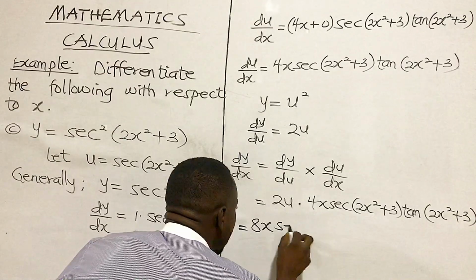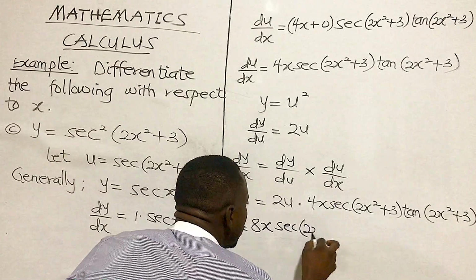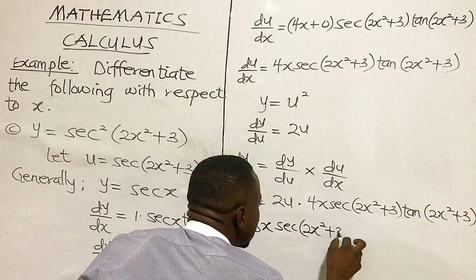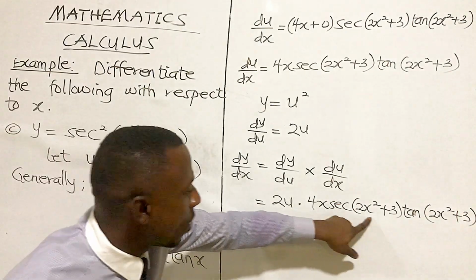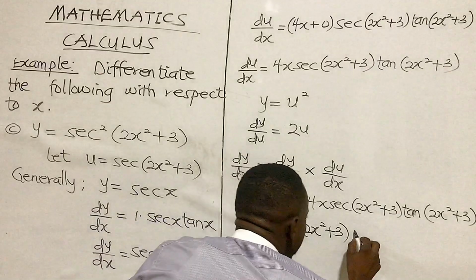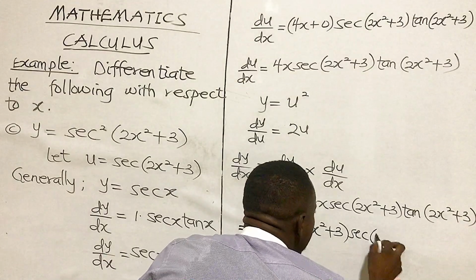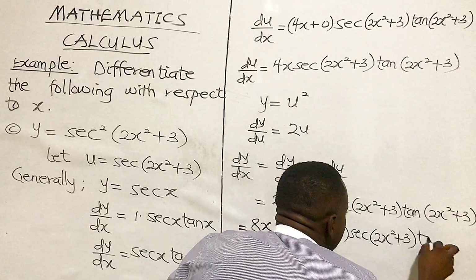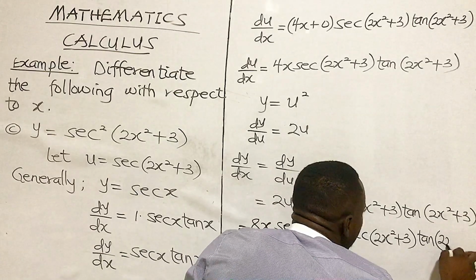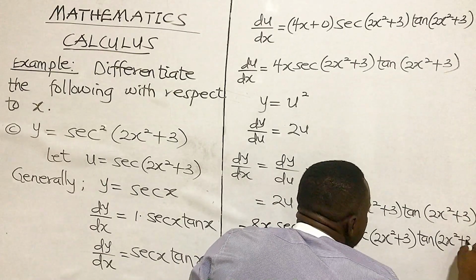So we have sec into bracket 2x squared plus 3, multiplying the whole of this. So multiplying sec of 2x squared plus 3 tan of 2x squared plus 3.